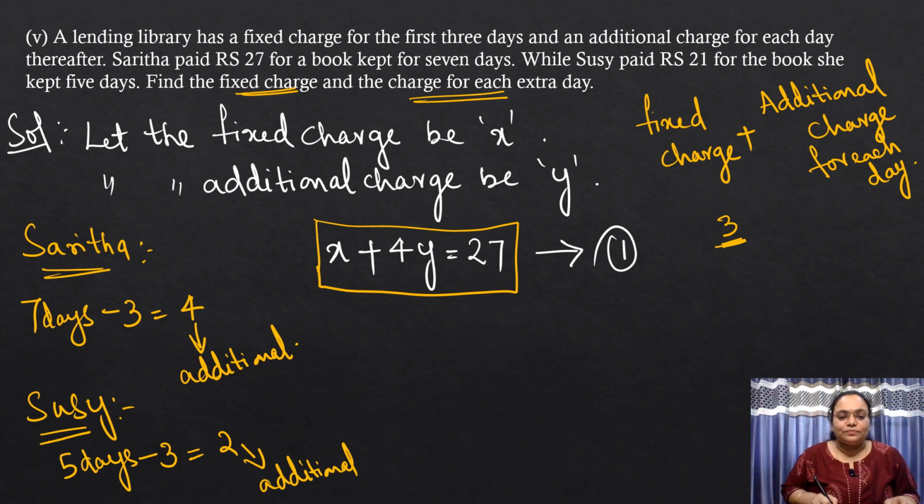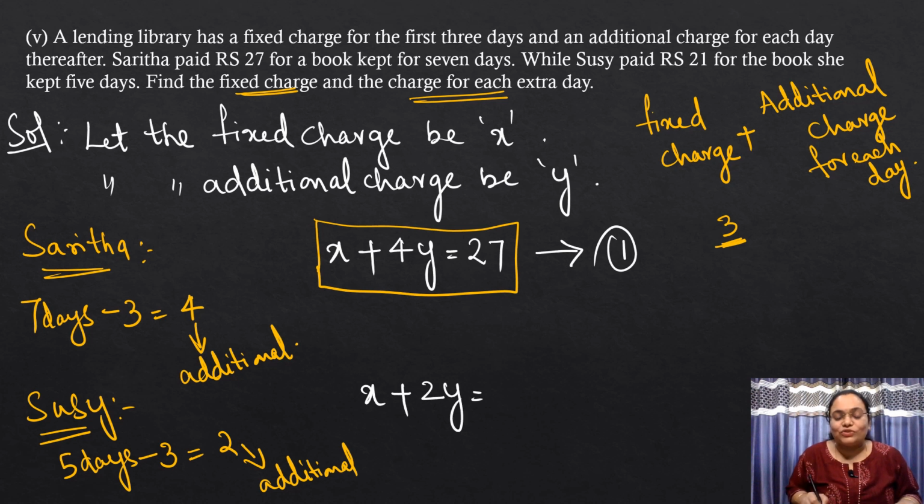So how will the equation change? We know the fixed charge is x. Plus the additional charge for Susie: she has kept the book for 2 days extra, that is 2y.